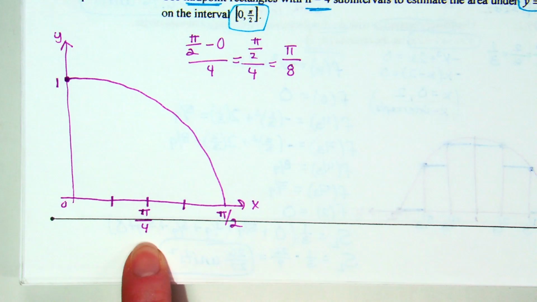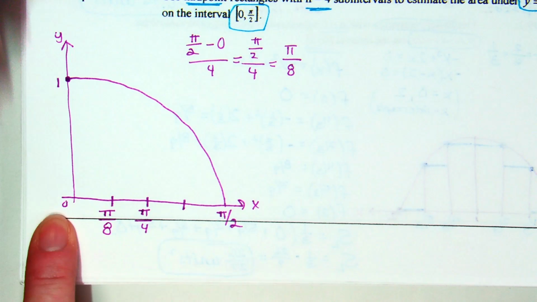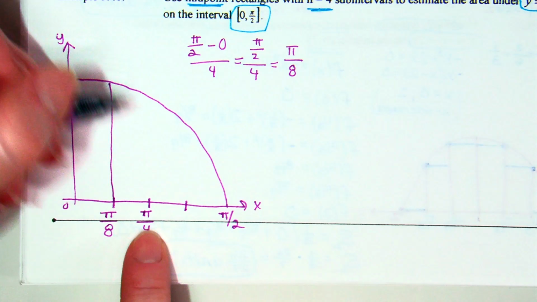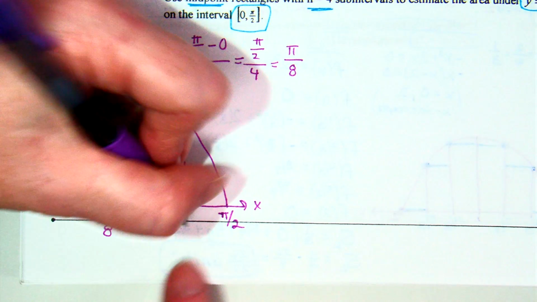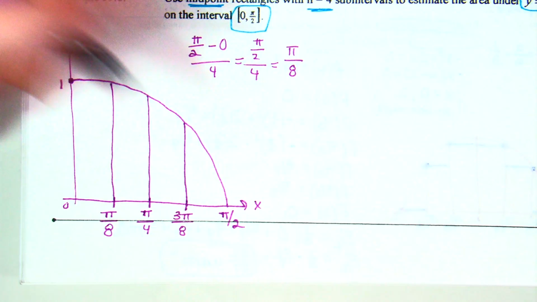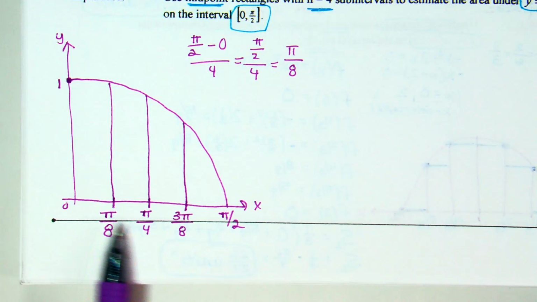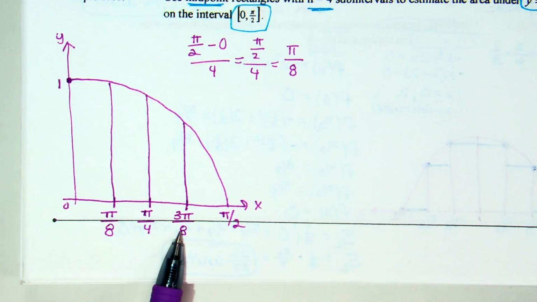Well, that's pi over 8. So down here I have 0. Then my first mark is pi over 8. My middle mark is pi over 4. And then what comes after pi over 4? 3 pi over 8. Because it's 1 pi over 8, 2 pi over 8, 3 pi over 8. And then pi over 2.